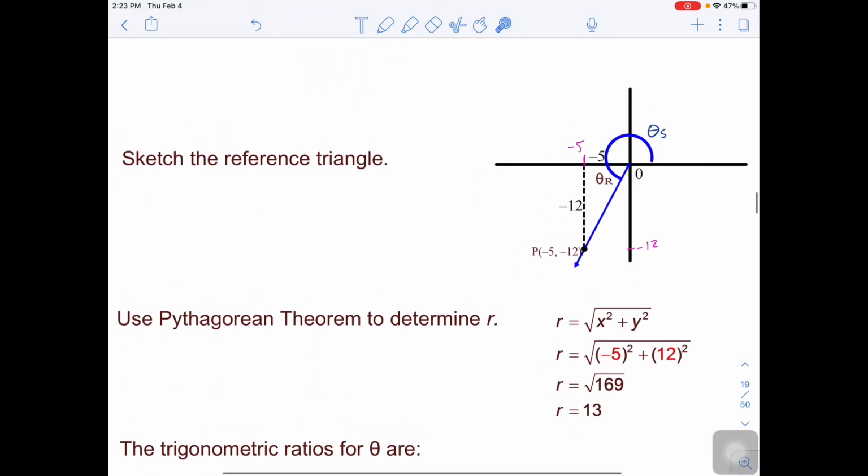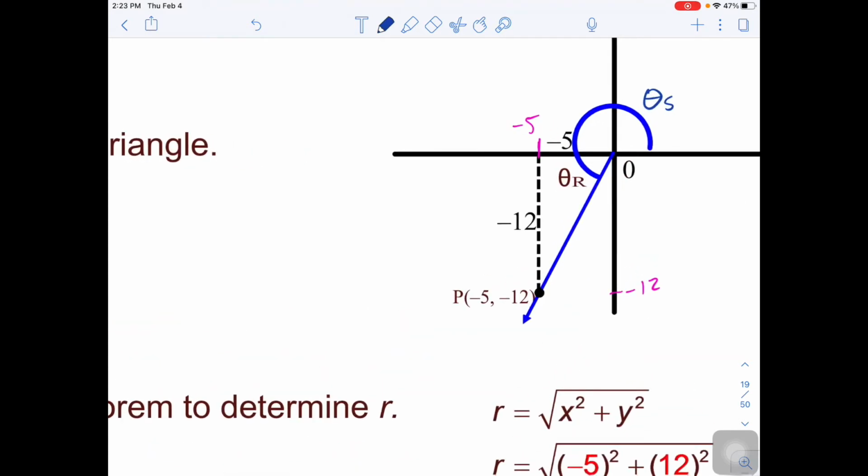Some things to note here is as soon as you get started, start listing what you know. So we know that x equals -5, right? You know that y equals -12. And then r is your question mark. Now, even though that r lives in quadrant 3, we know that r is always positive.